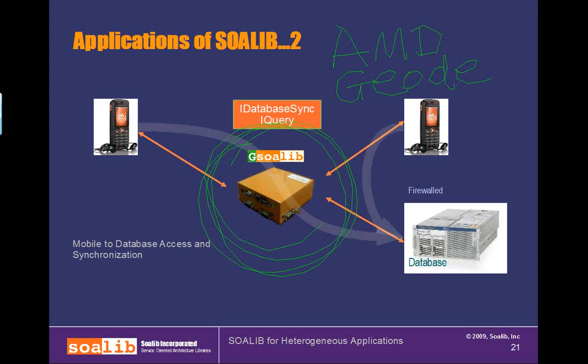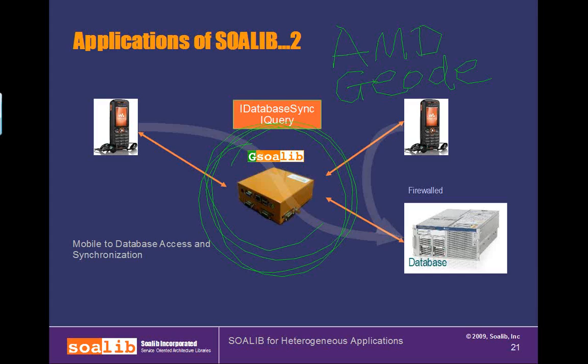SOALIB is scalable, so when it detects that you are using a lot of memory, it will adjust memory allocation based on how much memory you have. When you have a Java application server which is allocating a lot of memory, it will scale based on how much you use.